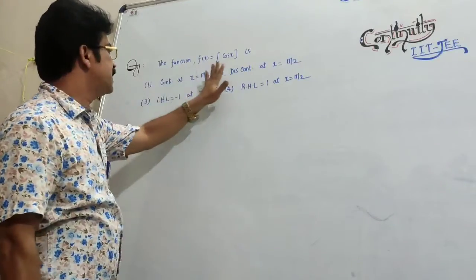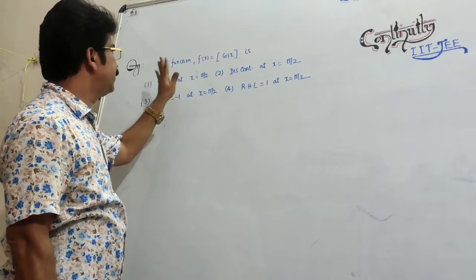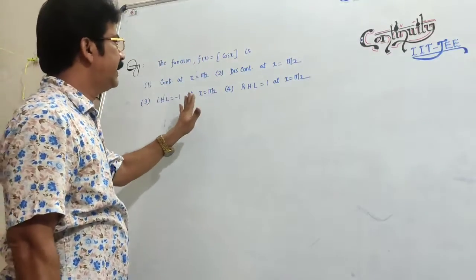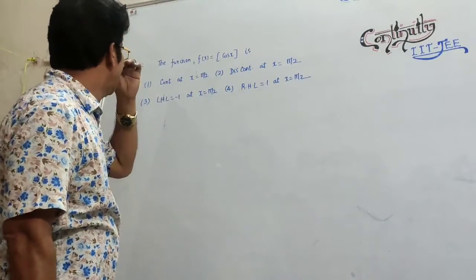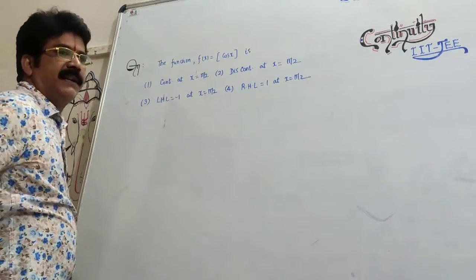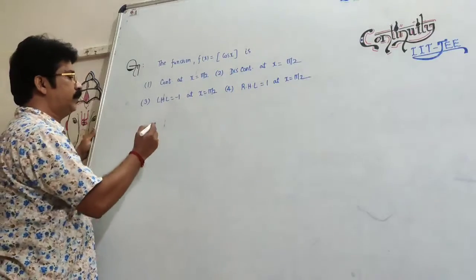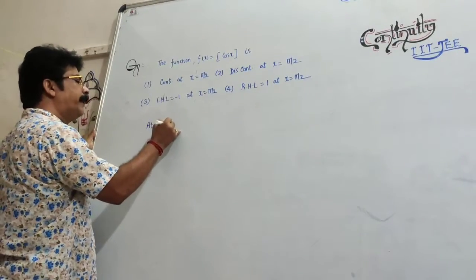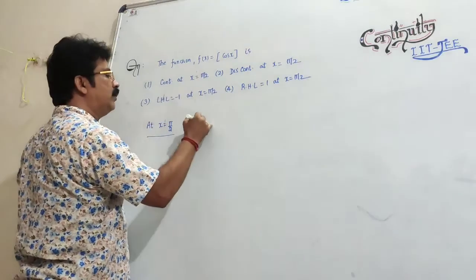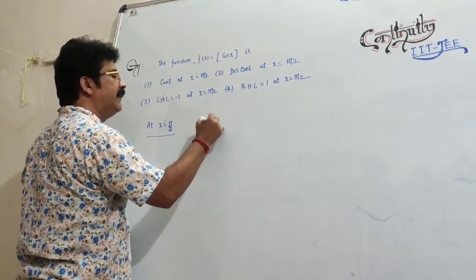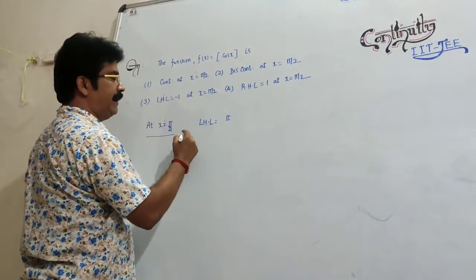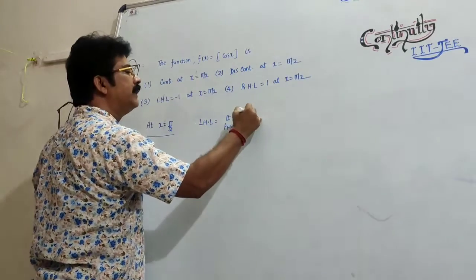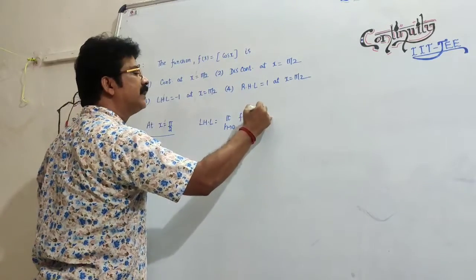Four options are given, whether it is a continuous function or discontinuous function, and it is about right hand limit and left hand limit. Okay. Anyhow, the discussion is at x equal to pi by 2. So first, left hand limit equal to, I will write directly, limit h tends to 0 of f of pi by 2 minus h.